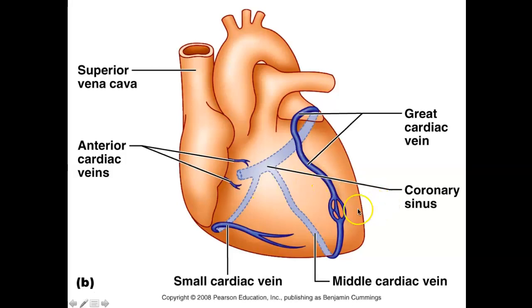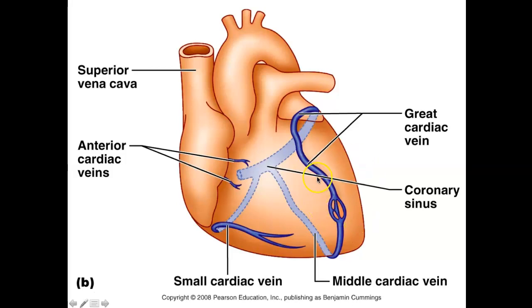The great cardiac vein is going to be right next to the anterior interventricular artery. Arteries and veins and nerves will run together through the body. On the heart, you don't have nerves wrapping the heart, but arteries and veins travel together.